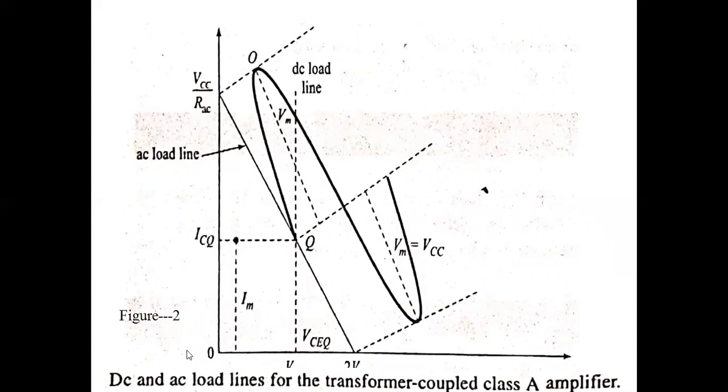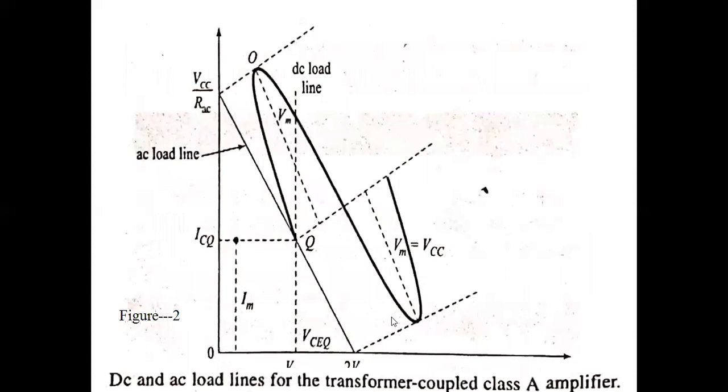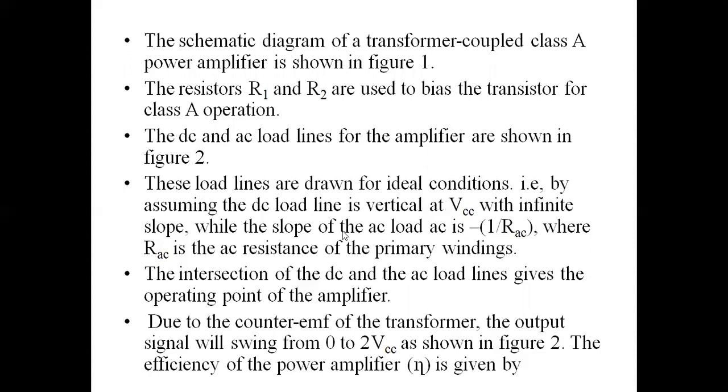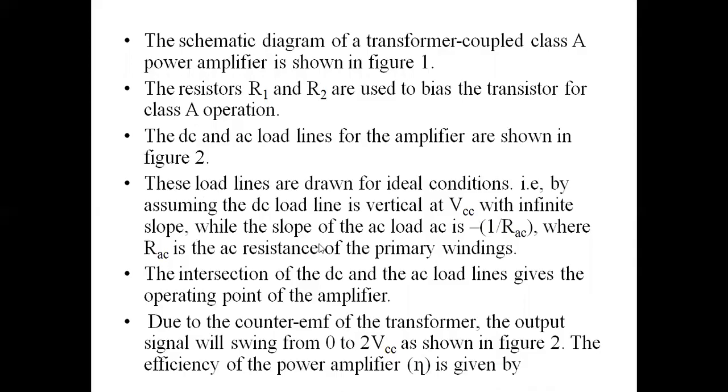These load lines are usually drawn for ideal conditions, assuming the DC load line is vertical at VCC with infinite slope, while the slope of the AC load line is 1 by RAC, where RAC is the AC resistance of the primary winding.